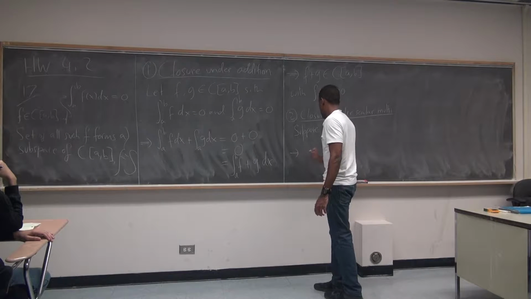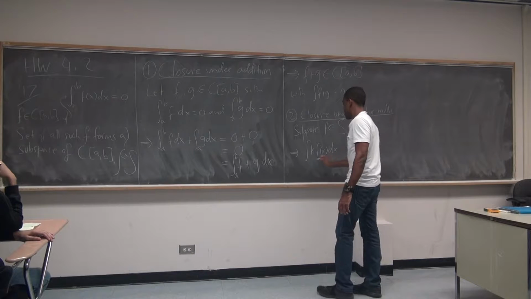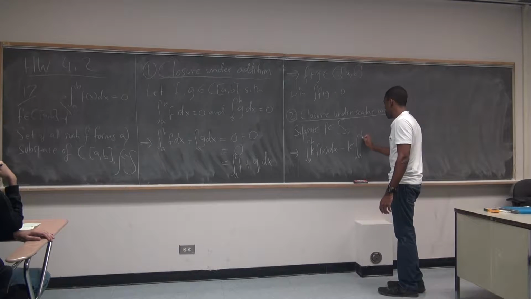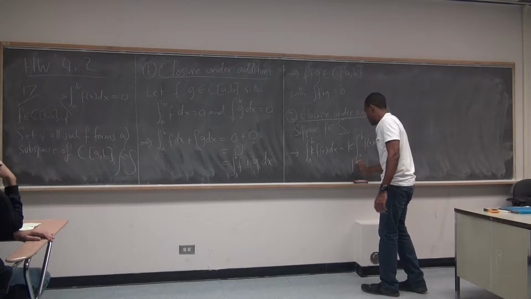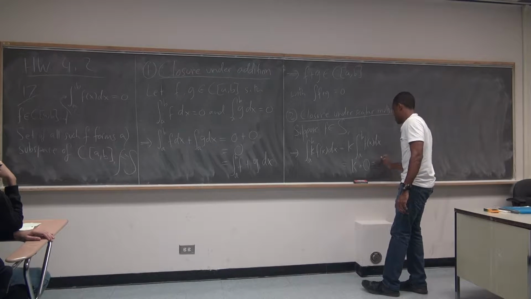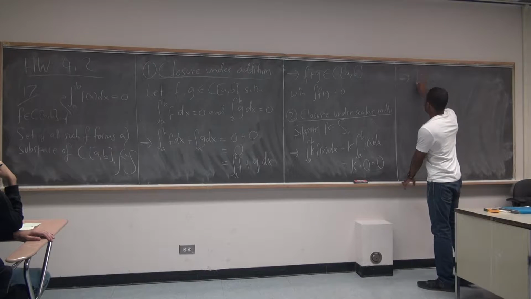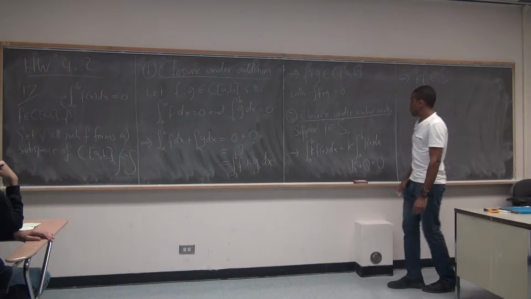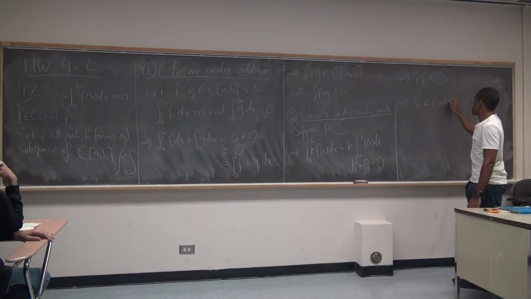Then if I take the integral of k times f of x dx from a to b, by properties of integrals, this is just k times the integral from a to b of f of x dx. This is just k times 0, which is 0. And this implies that kf will be in S.